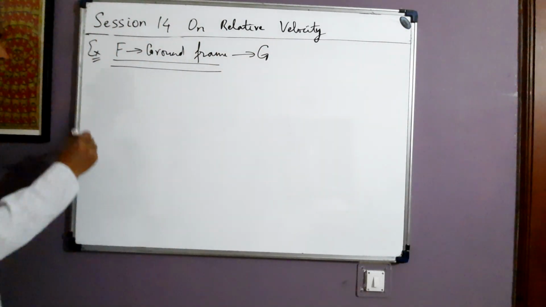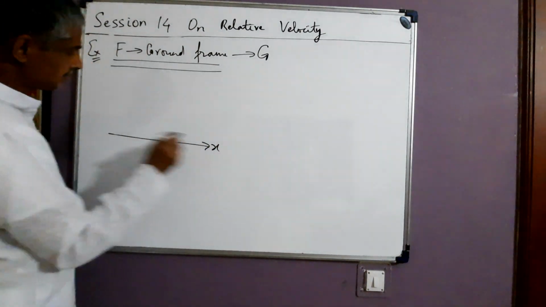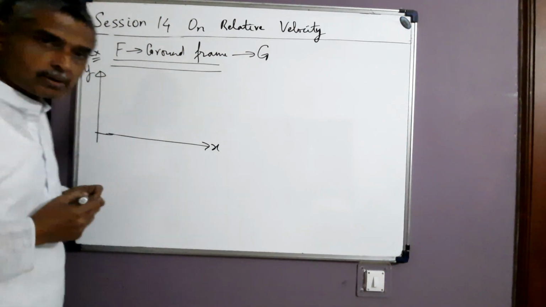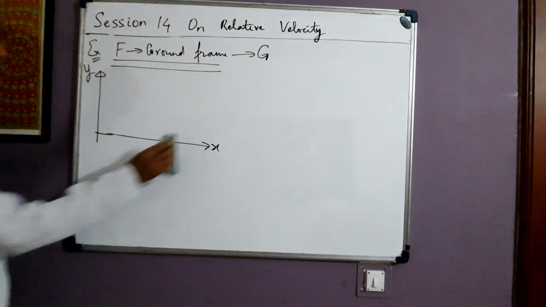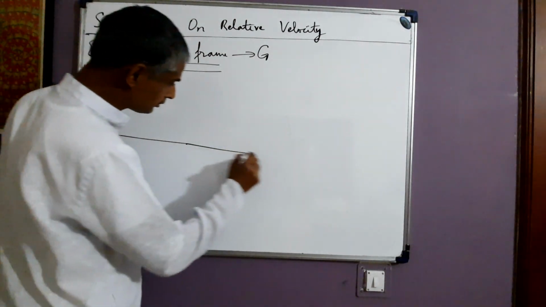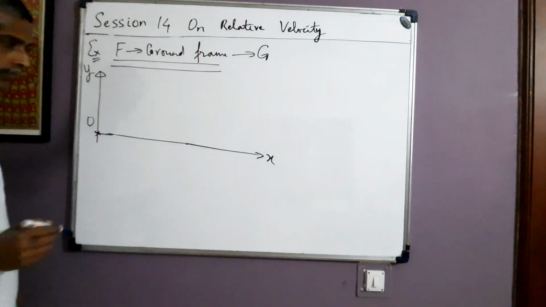Then what we are given: this is the vertical XY plane. The vertical XY plane is fixed with respect to the ground. Okay. The coordinate system is fixed to the ground. This is the origin of the coordinate system.